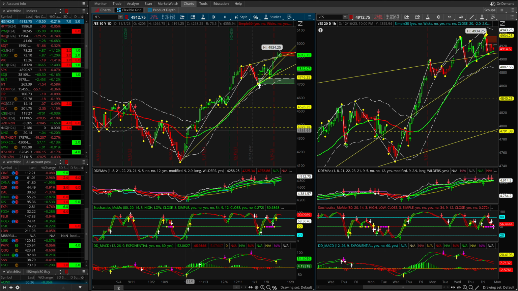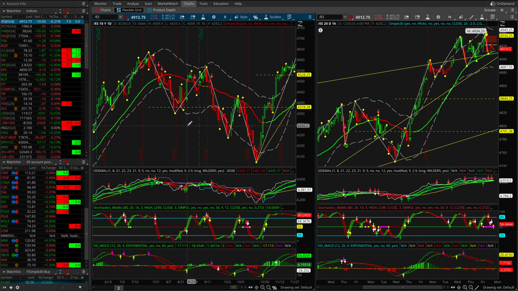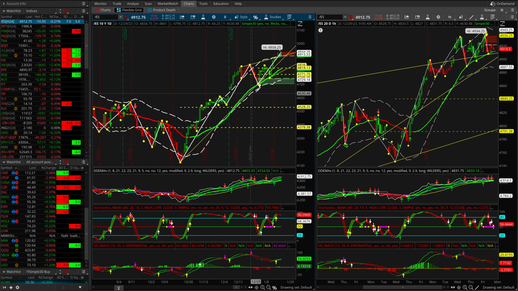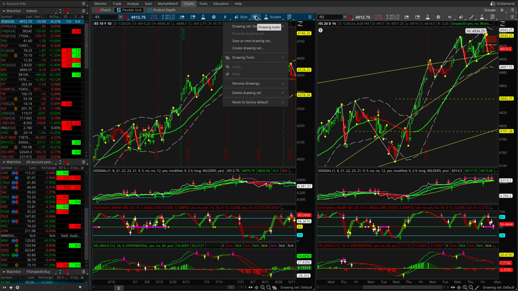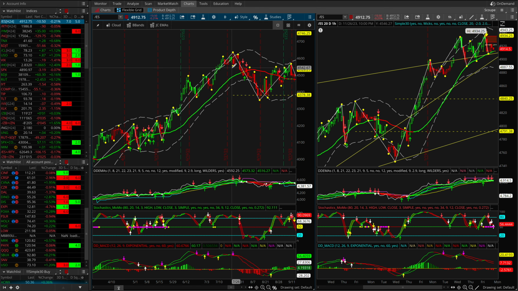I only show them in the recent swings, but you can go back in time and do the same thing. You could draw these in manually, and you use the drawing tools up here to do it. There's lines and there's percentages, and there's a whole lot of tools here. You can Google how to use Thinkorswim. It's got a lot of functionality.